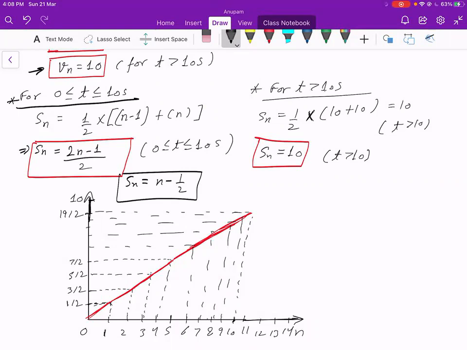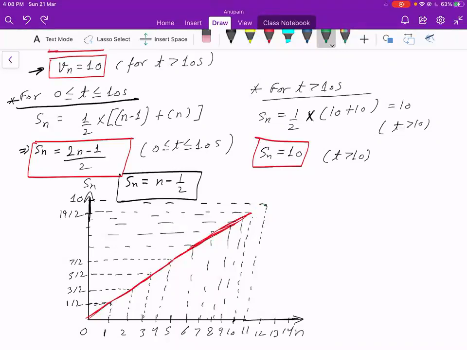So that's the critical portion here. That is, in the 11th second, I actually move 10 meters. And after that, it remains constant. So there is a gap actually. I should not draw it like that. Let me just make it clear.